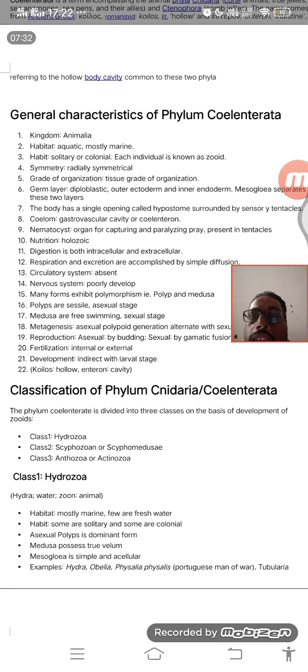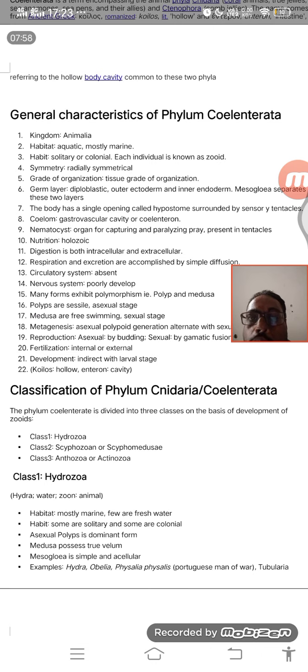Tissue level of organization we can see inside this. Diploblastic, distinctive two layers with the mesoglea can be seen. Then bodies will have some sensory tentacles. Coelom, they have a very good coelom. Nematocyst is present there, which is why they are known as cnidarians.